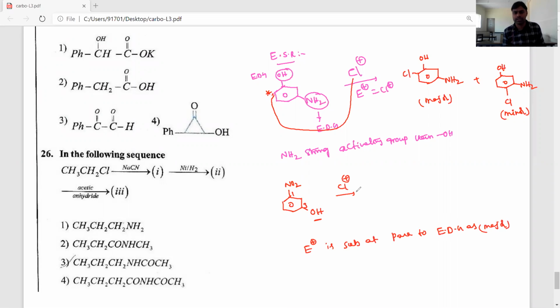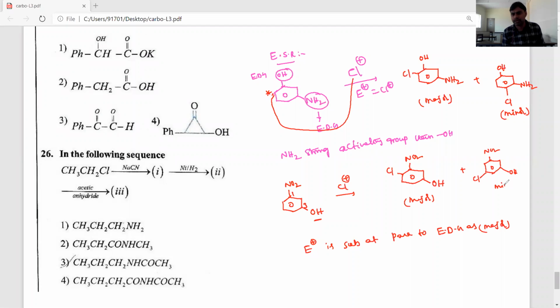Okay. So whatever the group strengths, when one is an electron donating group and another is an electron withdrawing group, the resultant product is NO2 and Cl bond OH. This is a major product. The minor product is NO2, where the electrophile cannot attack meta to the chlorine.